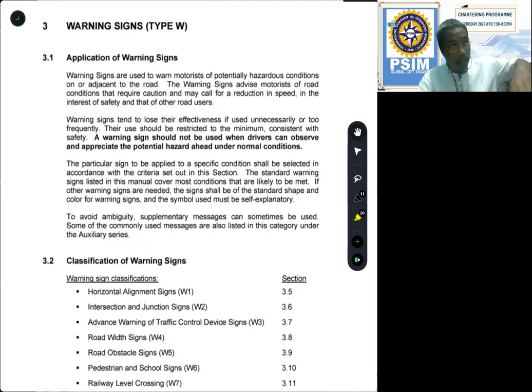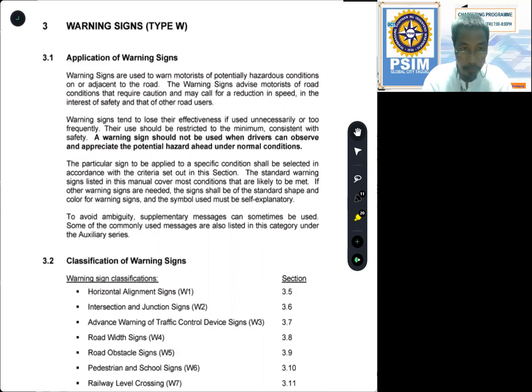For example, there is steep soil on one side, and it may fall down. There are bricks that may fall down. There are big stones, solid matter that may fall. So we have to warn the motorist.